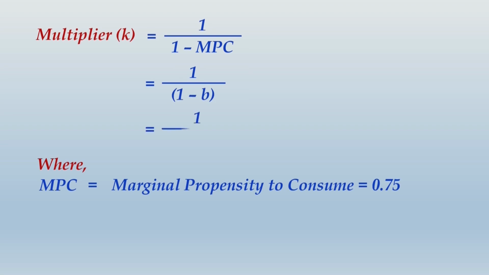So 1 divided by 1 minus 0.75 will be actually the inverse of 0.25. 0.25 will be the marginal propensity to save, and the multiplier is just the inverse of that. So you compute the multiplier by taking 1 divided by 1 minus 0.75, or you may take it as 1 divided by 0.25 directly, doesn't matter. Eventually you will get the multiplier as 4 times.